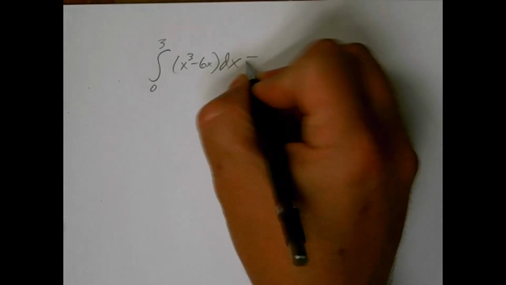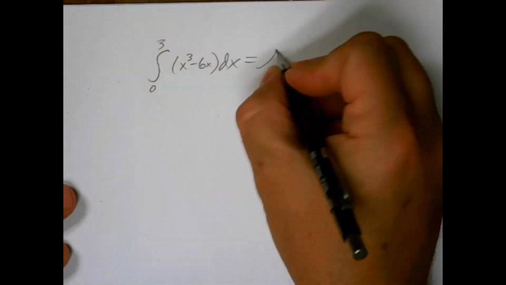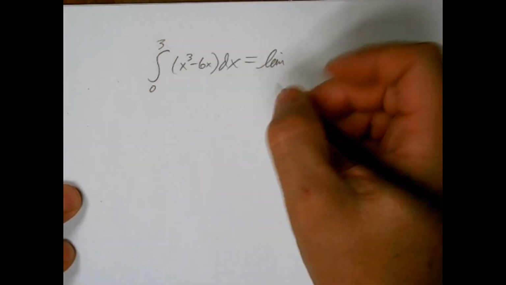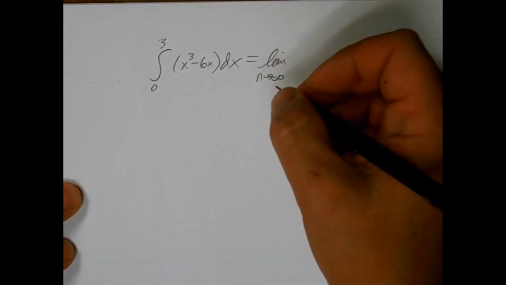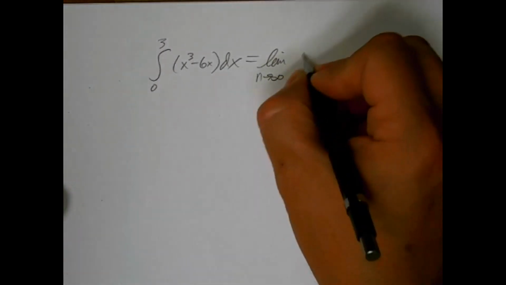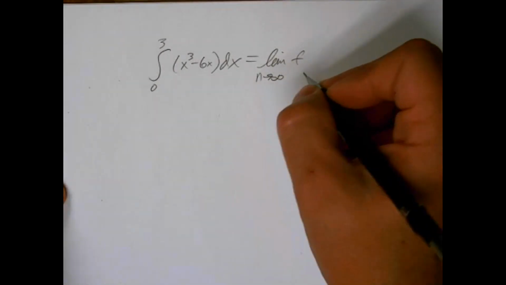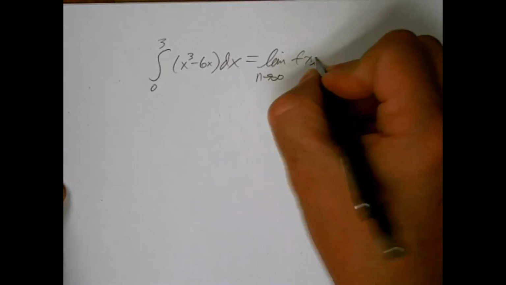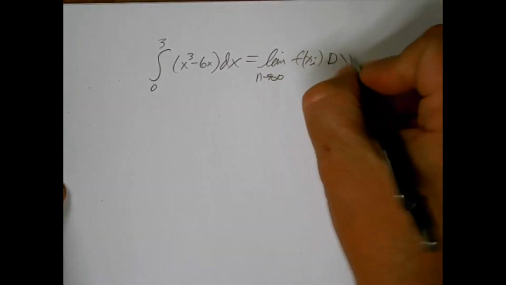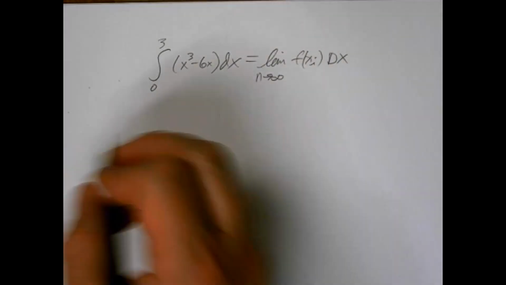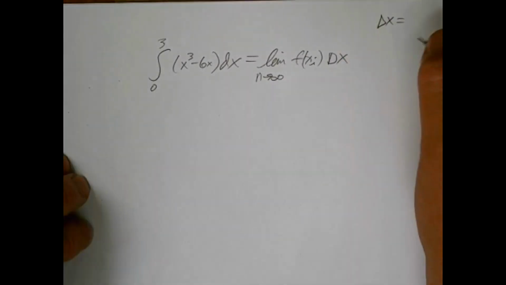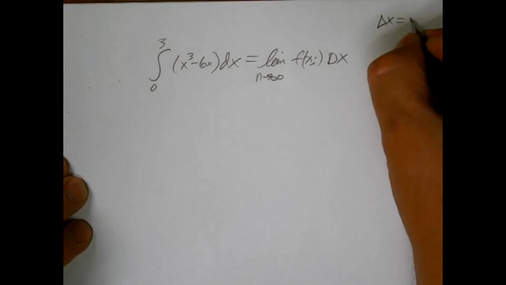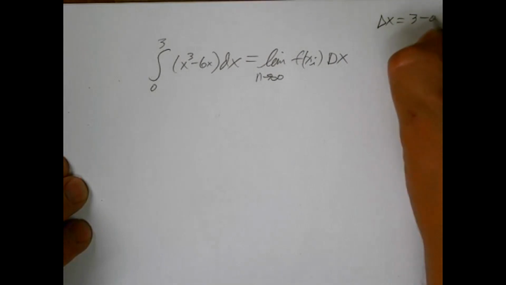So putting this into the definition, this is going to be the limit as n approaches infinity of f of, let's just write out the definition, why not? f of x sub i times delta x. Okay, so let's figure these components out. First of all, let's sort of step aside and say, okay, what's delta x going to be? Well, the interval's right hand is 3, its left hand is 0.